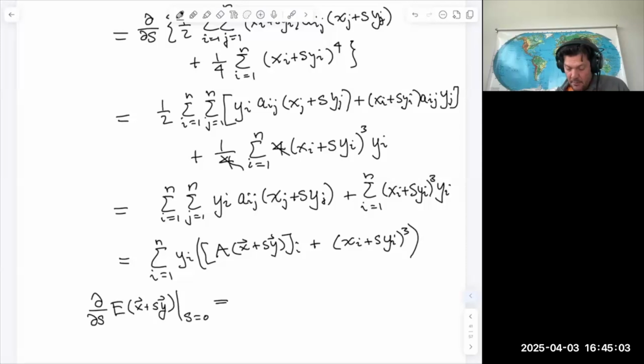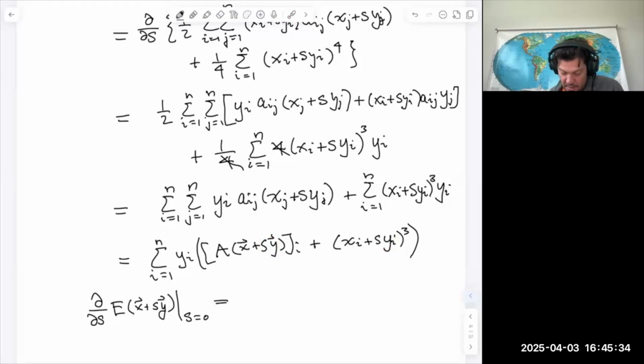So now what do we get? Whenever we set s equal to 0, the s goes away here, and this s vanishes, so that whole term vanishes and that whole term vanishes.